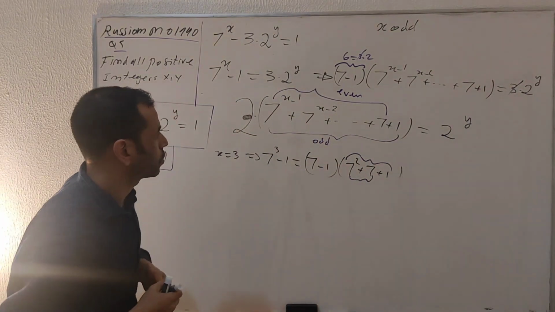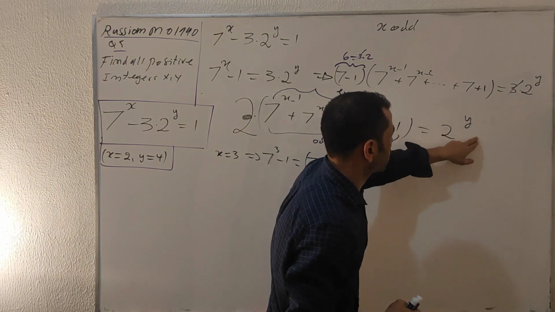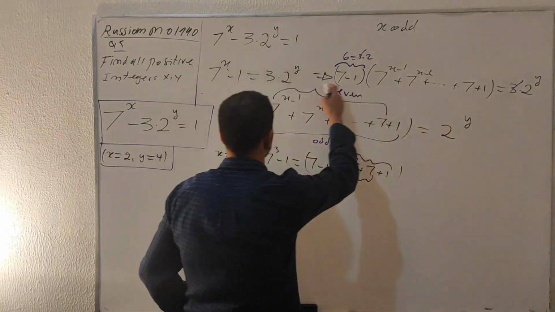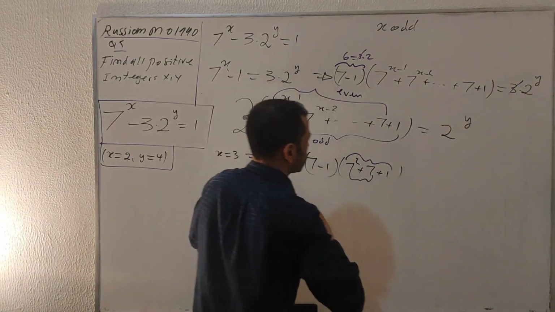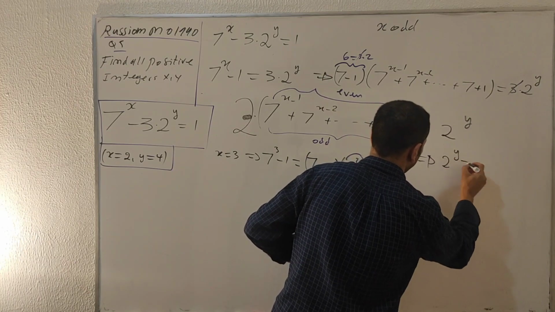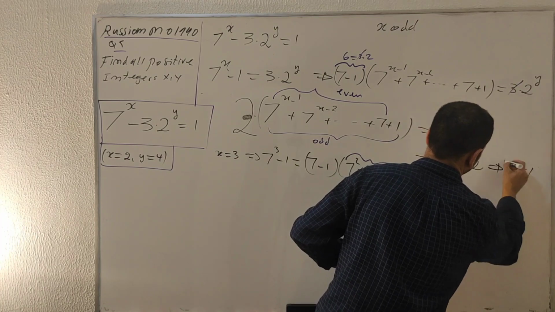Since the whole sum is odd and the right hand side of this equation is a power of 2, this is telling us 2 to the y equals 2, which means y equals 1.